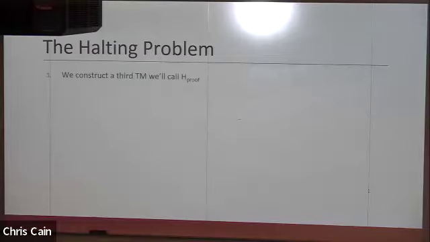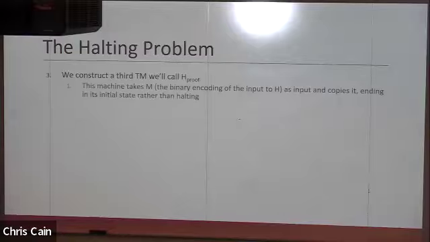All right. We're going to construct a third Turing machine that we call H proof. This is going to be what creates the contradiction. This machine, H proof, is going to take M, the binary encoding of the input to H, as input, copying it so that it's also the string.